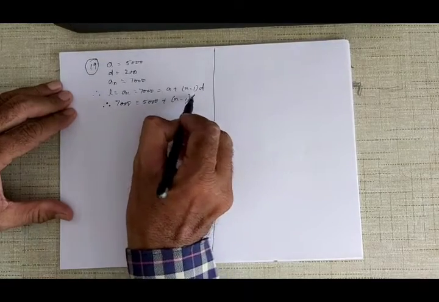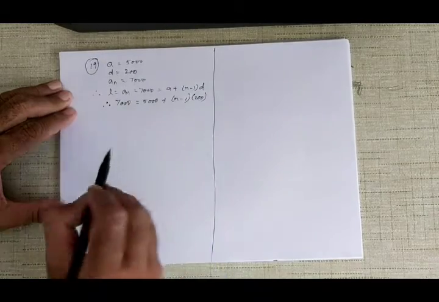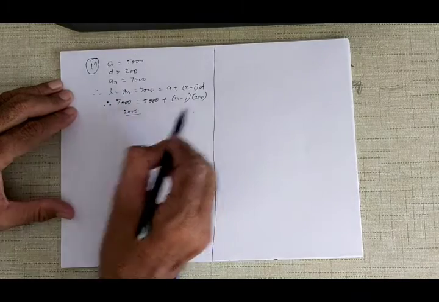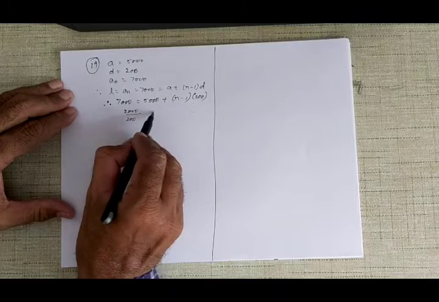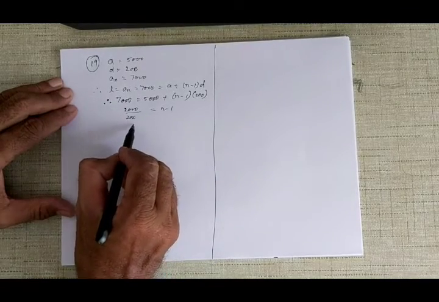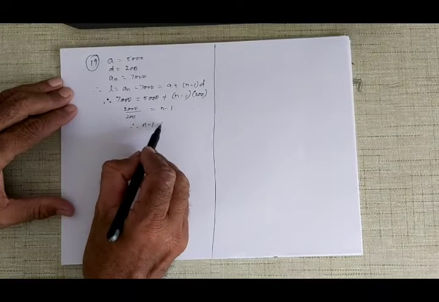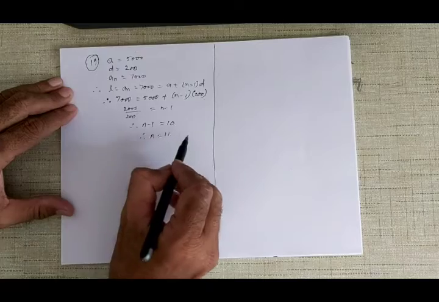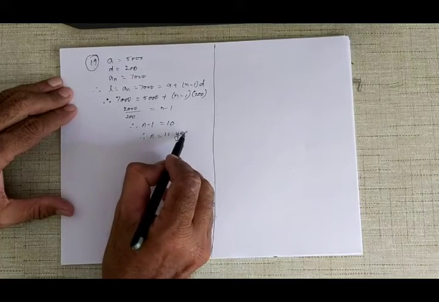D of course is given as 200. 7,000 minus 5,000 is 2,000 divided by 200 is equal to n minus 1. So obviously 200 tens are, so therefore n minus 1 is equal to 10. Therefore n is equal to 10 plus 1, 11 years.